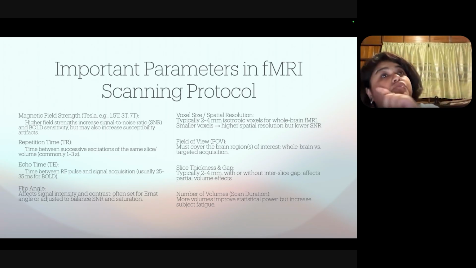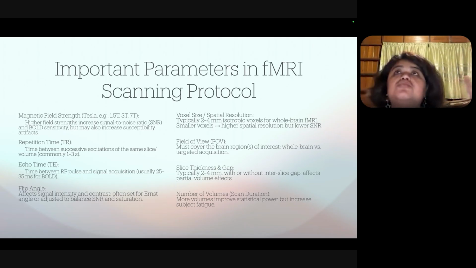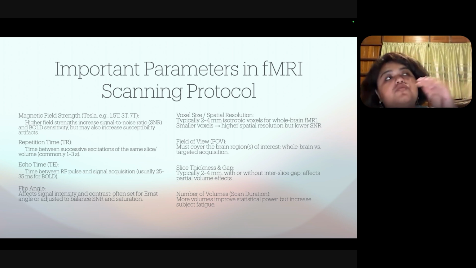No. Only those slices which come inside your field of view, the region you are interested in, are important. And again, for slice thickness, we keep it 2 to 4 millimeters, so that the artifacts are limited, the signal to noise ratio stays strong, and we get strong MR signals.